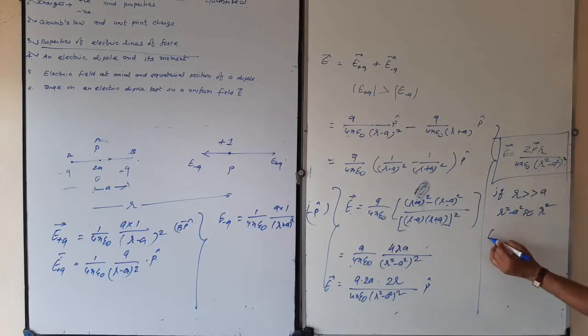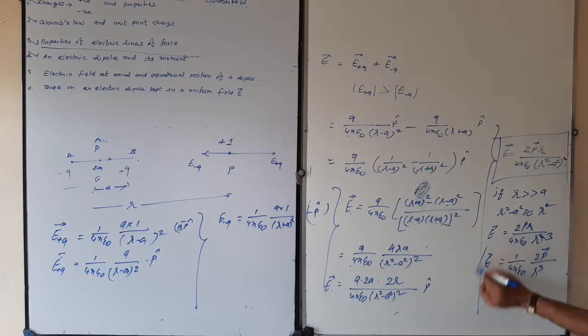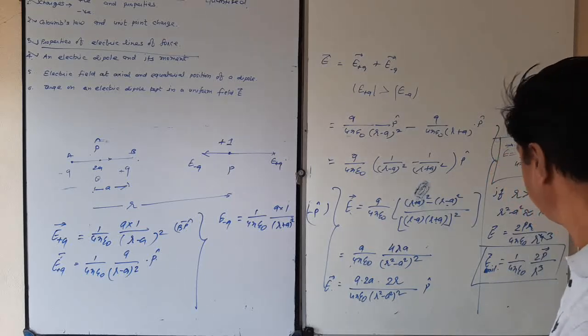So now vector E is equal to 2PR upon 4 pi epsilon 0 R power 4, R cancels by 1 time. Now 1 upon 4 pi epsilon 0 double P upon R cube. That is the electric field at axial position due to an electric dipole.